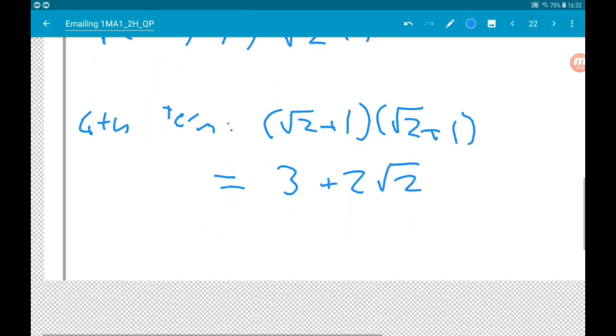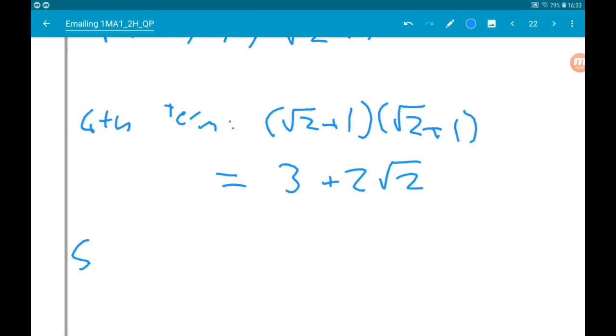So then the fifth term is 3 add 2 root 2 times root 2 add 1.